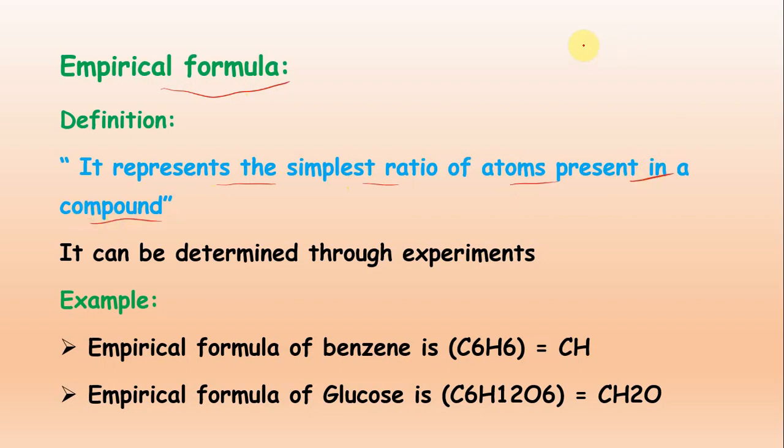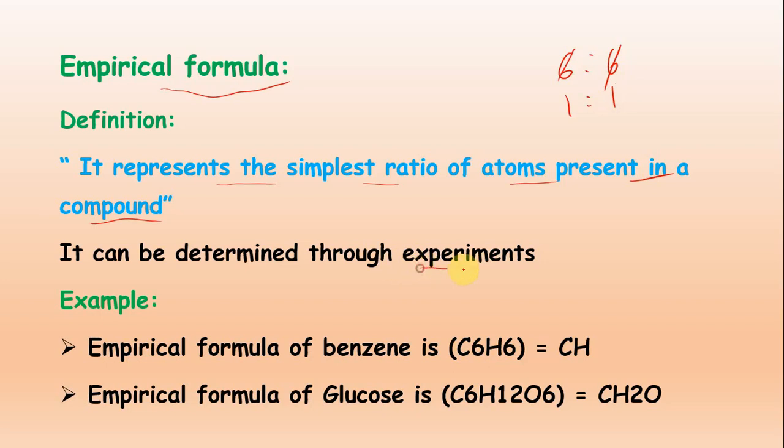Suppose, for example, 6 and 6, you have to divide it by the same number, 6 by 6 and 6 by 6. So this is called the simplest ratio, meaning you cannot divide it further. This will be the smallest number, the simplest ratio. So this is the way to find the simplest ratio.